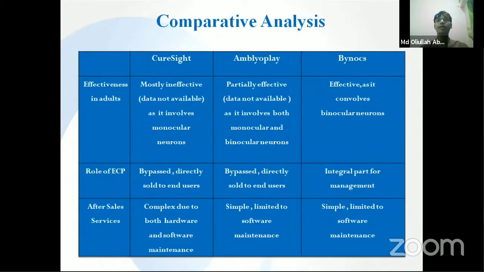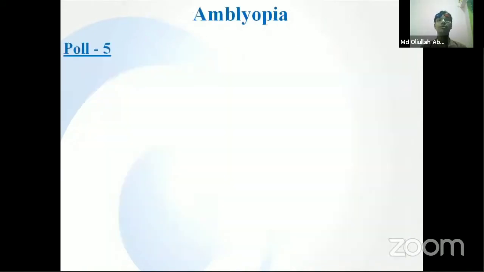The major limitations of amblyopia treatment can be overcome by this mode of treatment. Now, after this whole session, which was a very basic session, I tried to explain what it is, what the amblyogenic factors are, which part of the eye, brain or visual system is affected, and the different treatment options with their pros and cons.